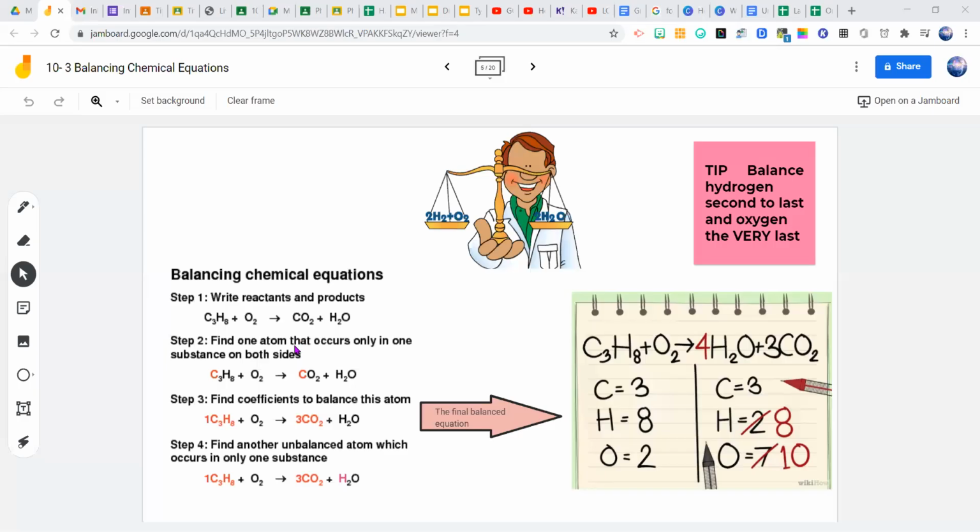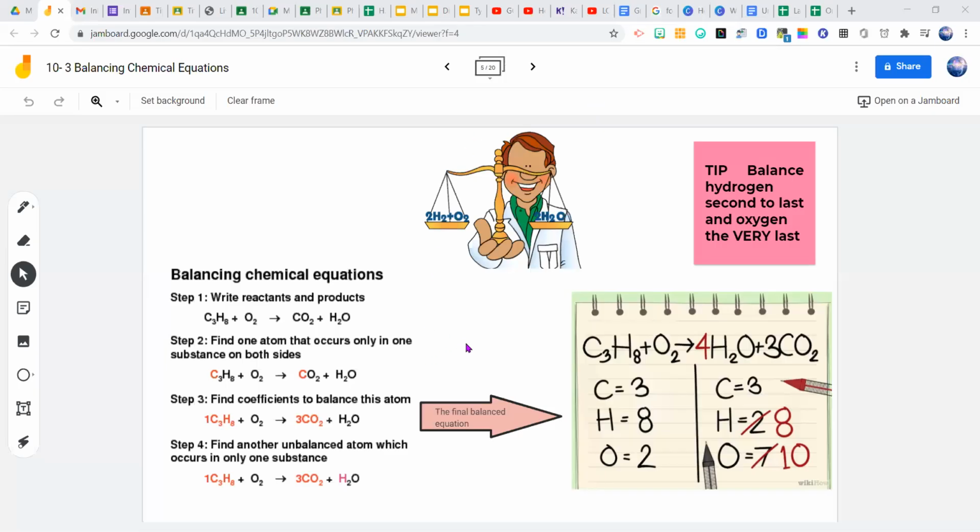The next thing that you're going to do, right, is to list all the atoms that are in play. So you're listing all the atoms that are in play. After you have done that, you're going to count up how many of these atoms are on the reactant side and how many of those atoms are on the product side.